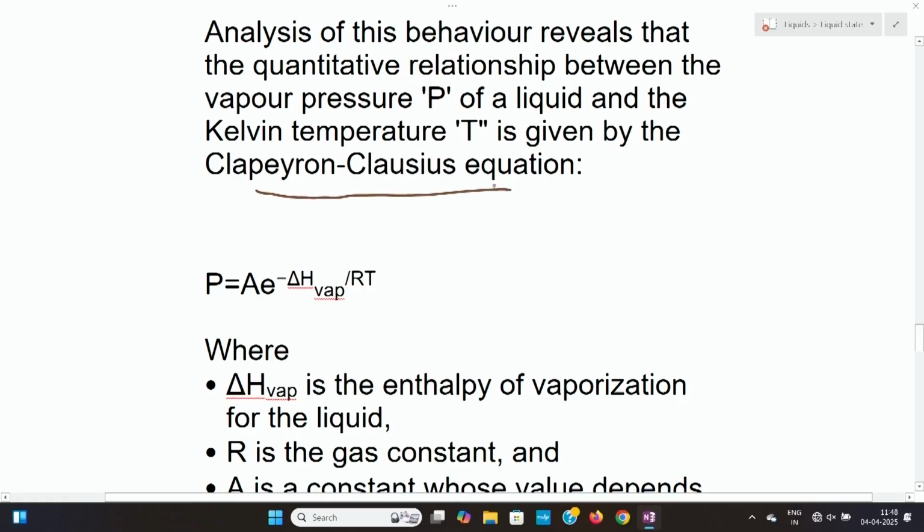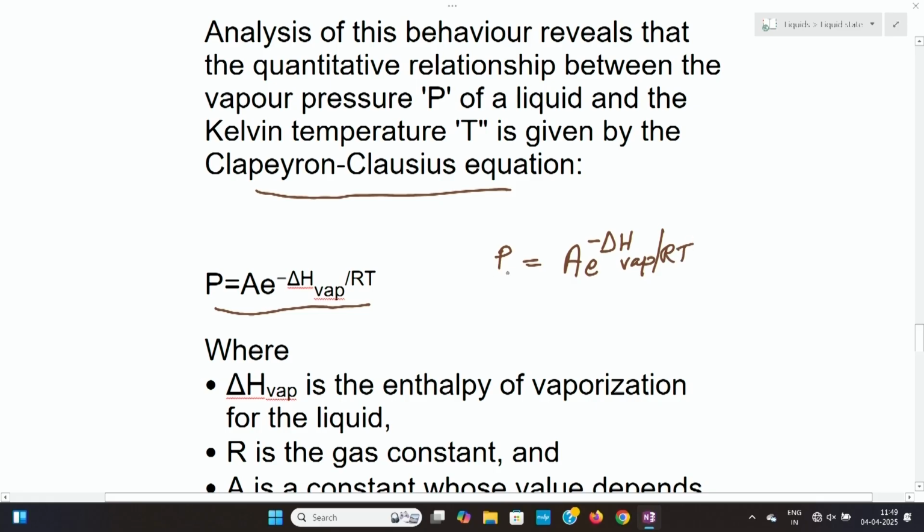This we can explain by one equation, that is our Clausius-Clapeyron equation. The equation is P is equal to A e power minus delta H vaporization by RT.